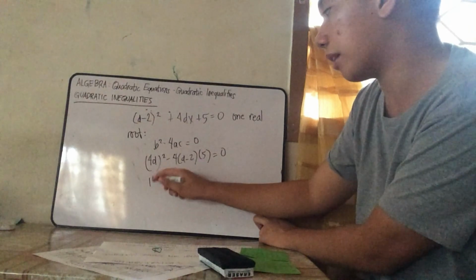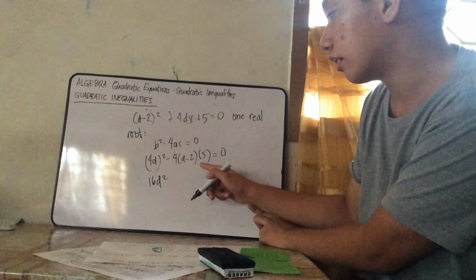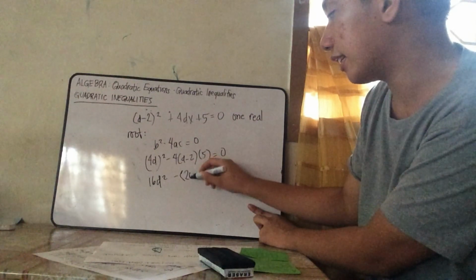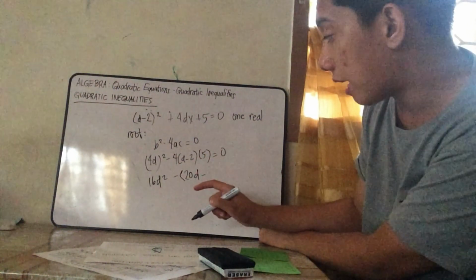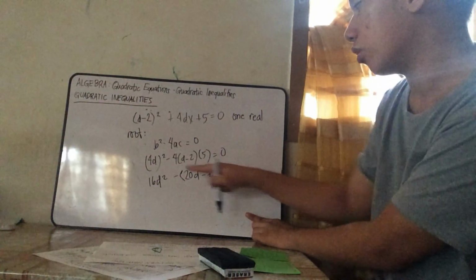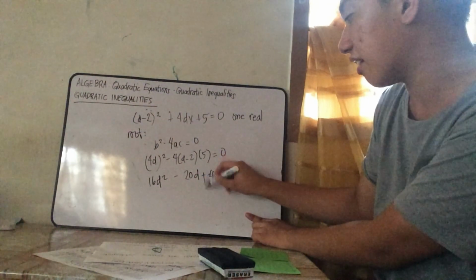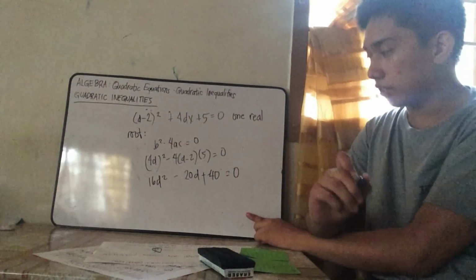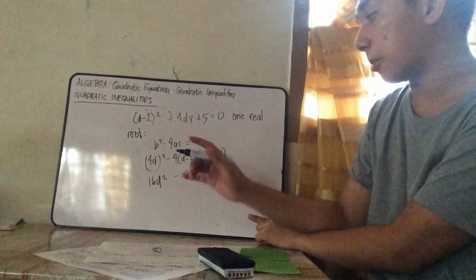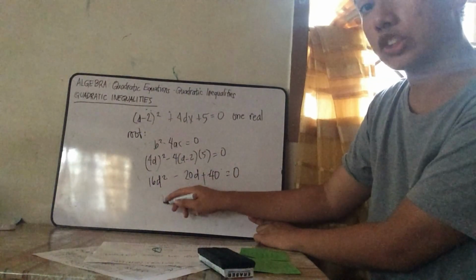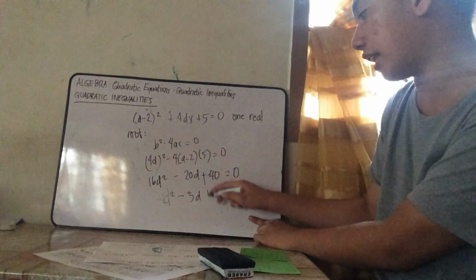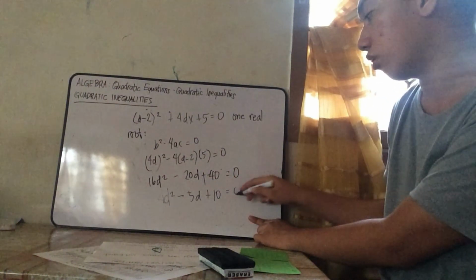Then you simplify, this will become 16d squared and minus 20d minus 40 is equal to 0. Okay? Then you simplify, this will become 4d squared minus 5d plus 10 is equal to 0.